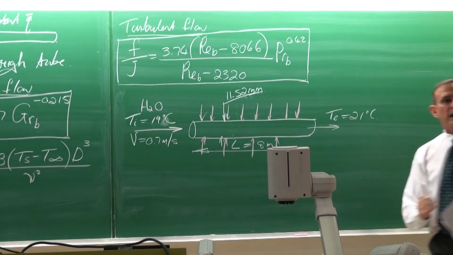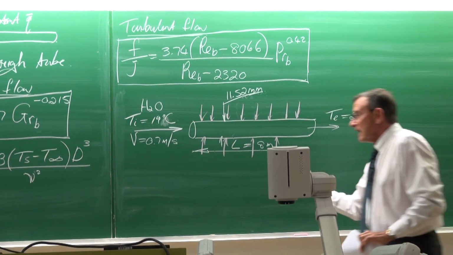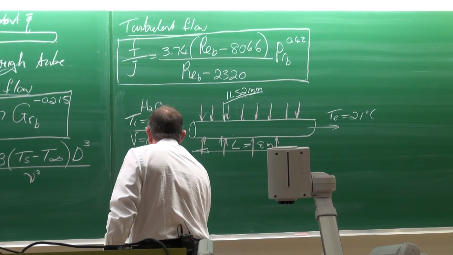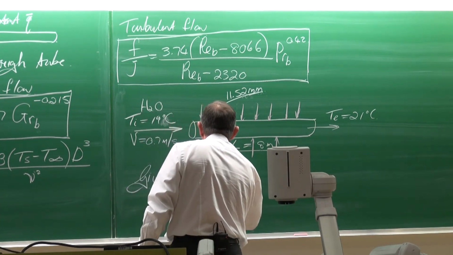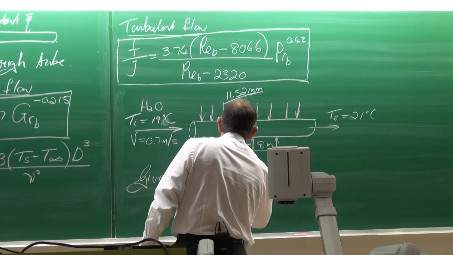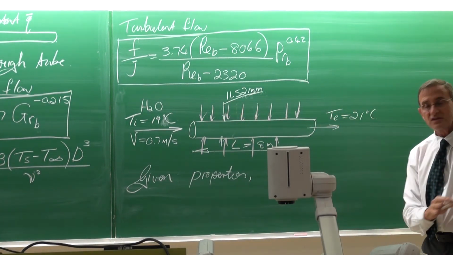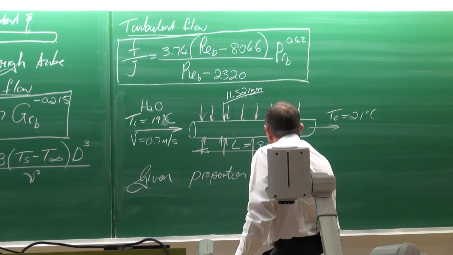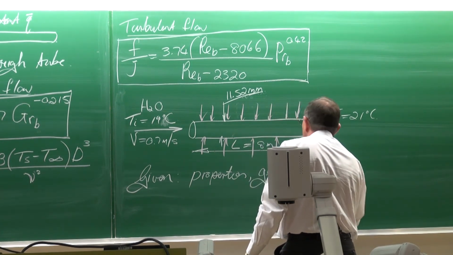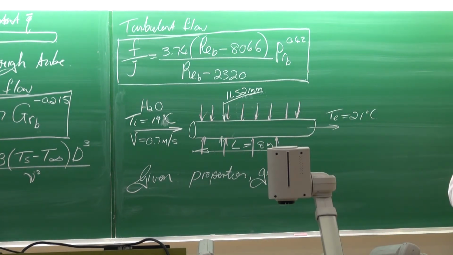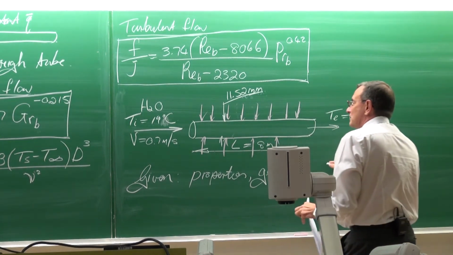Okay. And now, take note, everything that has been given are either properties, or you can get it from the tables, geometrical information, the length and the tube diameter, and temperatures.